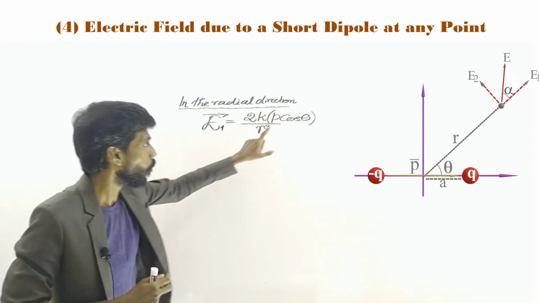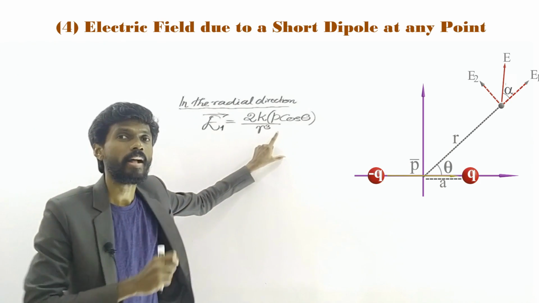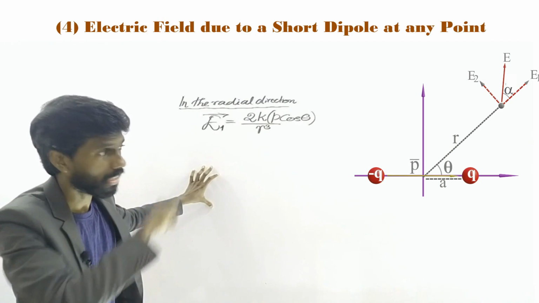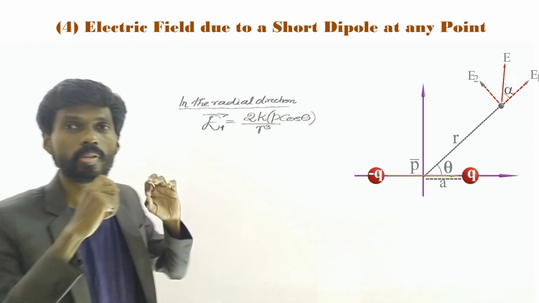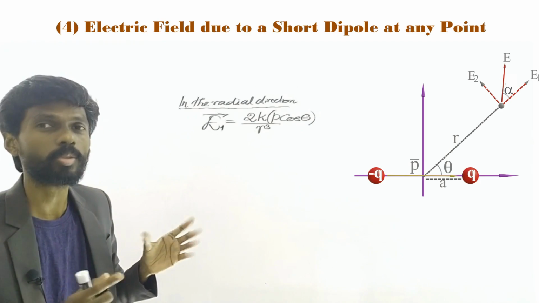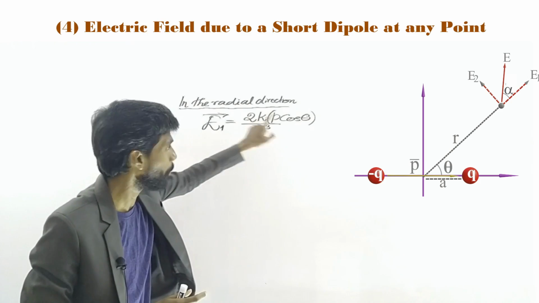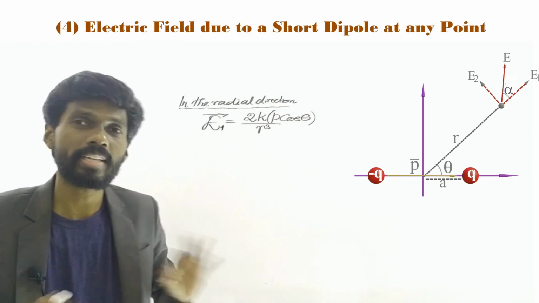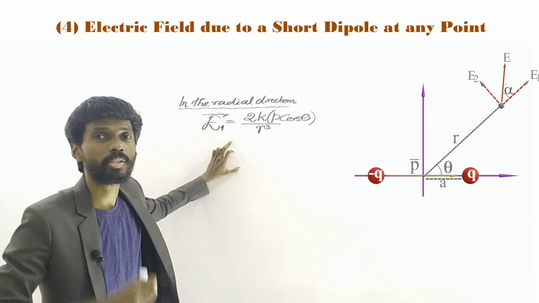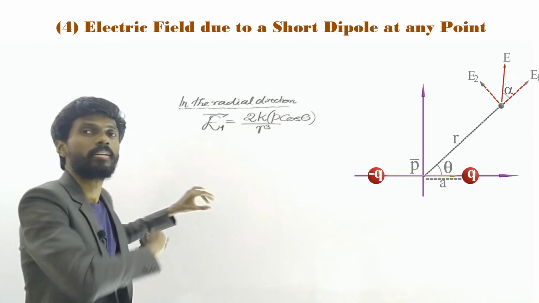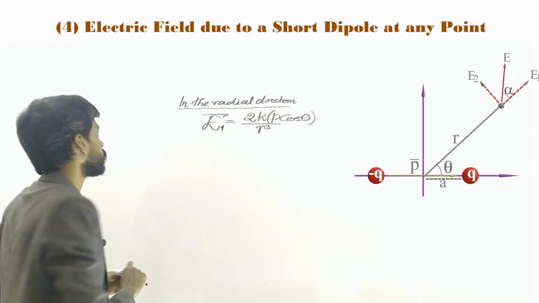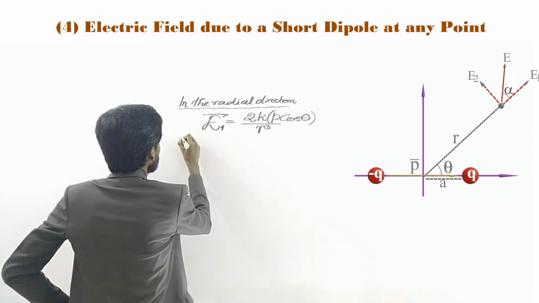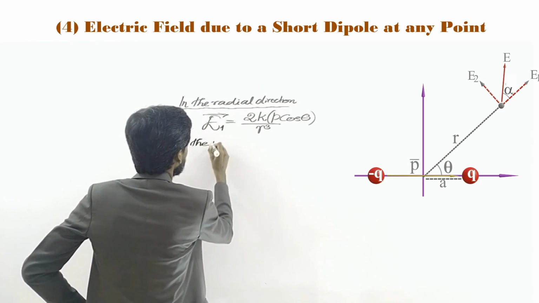Once you have taken the component, the radial vector and the dipole moment have the same direction, so the first formula applies: 2kp, but instead of P, P cos theta, divided by r cube. This is the electric field due to the component in the radial direction. Done. Now similarly in the perpendicular direction.